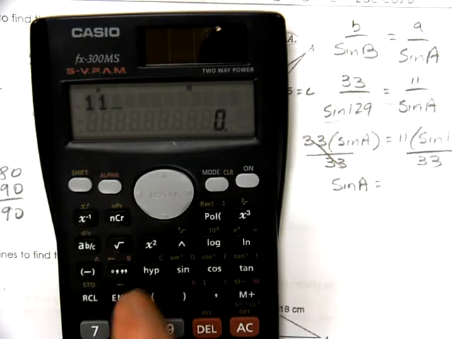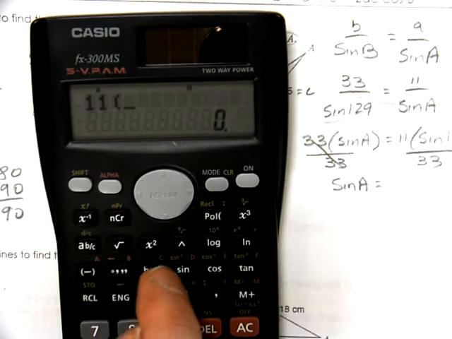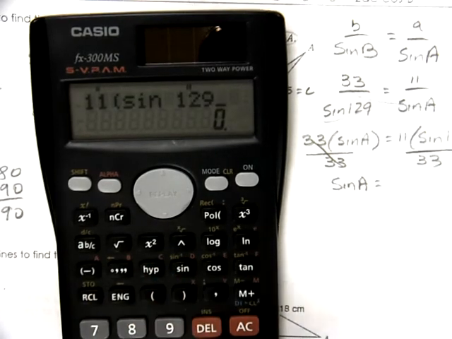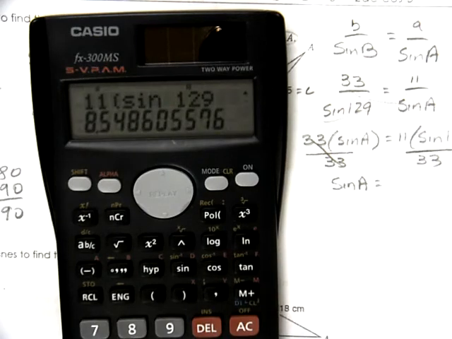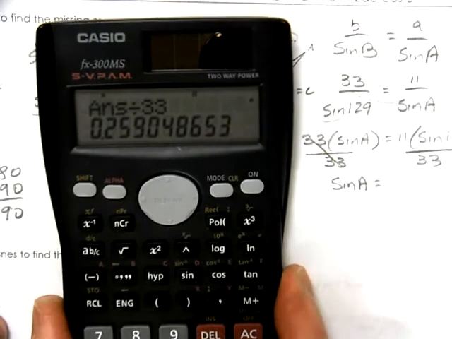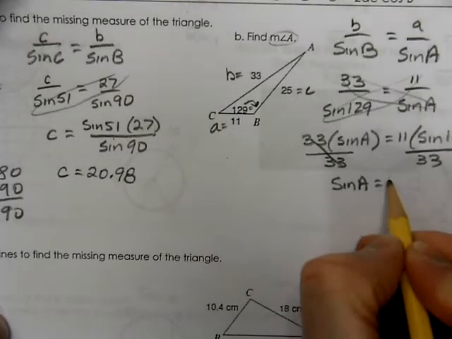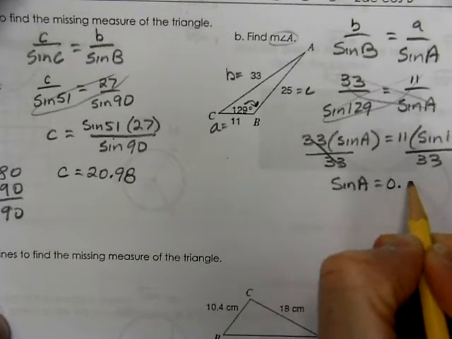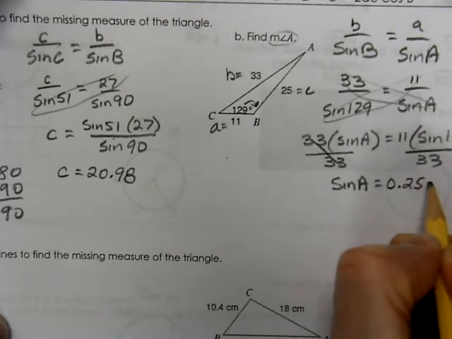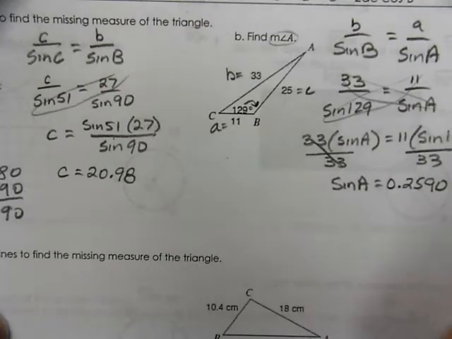So we're going to say 11 times the sine of 129. Then we're going to divide that by 33. Going to get a decimal of 0.2590.